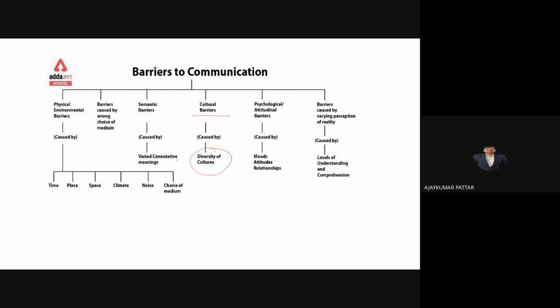So diversity of culture, and then semantic barriers. In the semantic case, it is another concept. For example, if I am using a word, the dictionary meaning is different, but the understanding meaning is different.